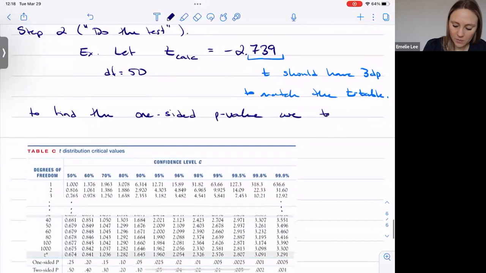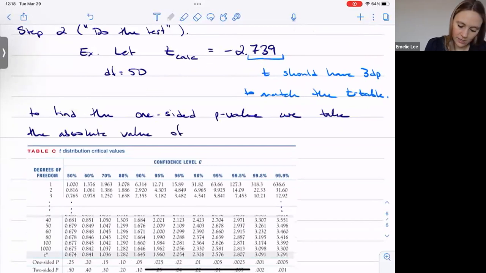we take the absolute value of the calculated t, and maybe I'll say one-sided or two-sided, it just depends on how you read the table.